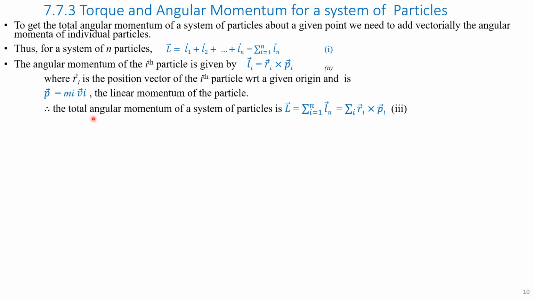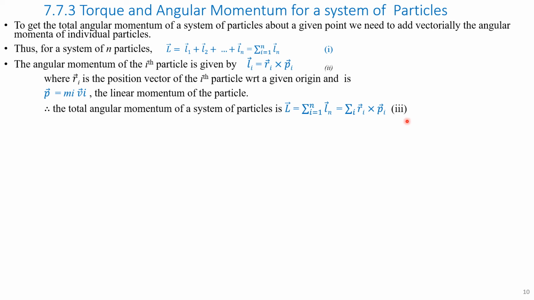Therefore, the total angular momentum of the system of particles, vector capital L, is equal to the summation over i equals 1 to n of Li. That can be written as the summation over i of Ri cross Pi.